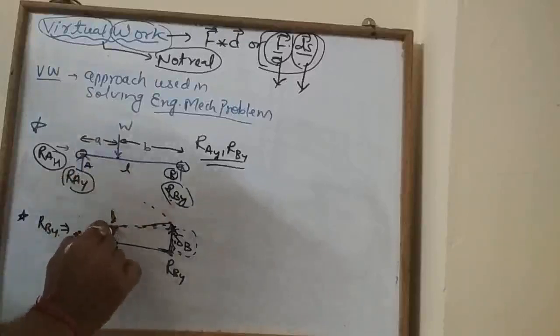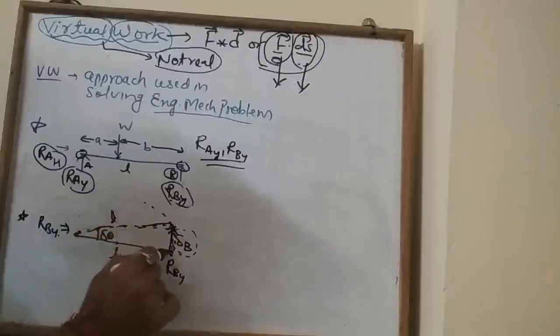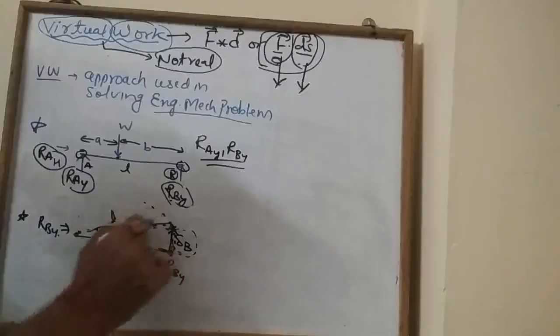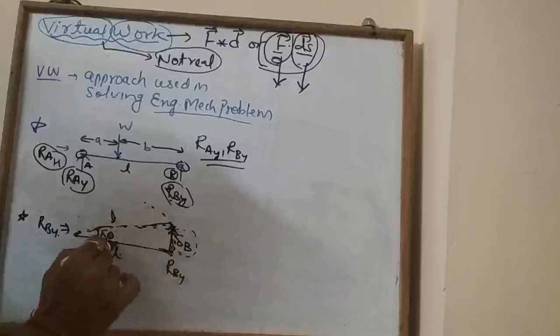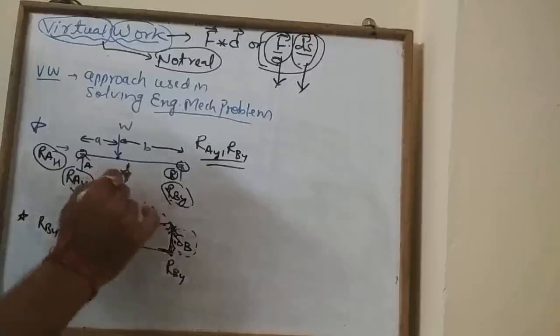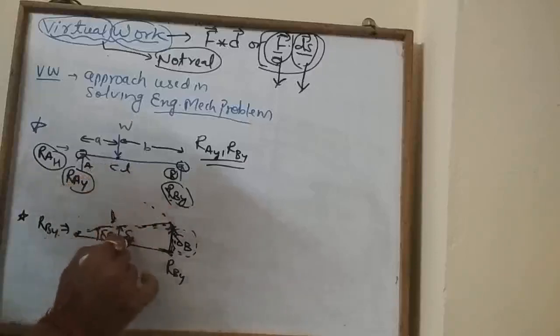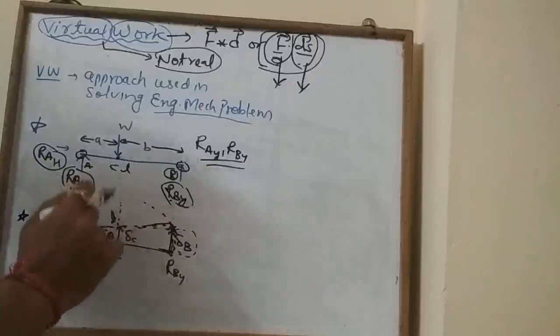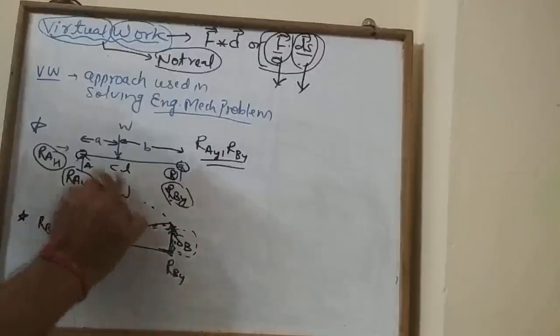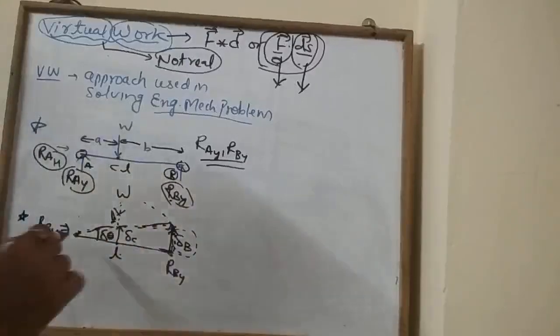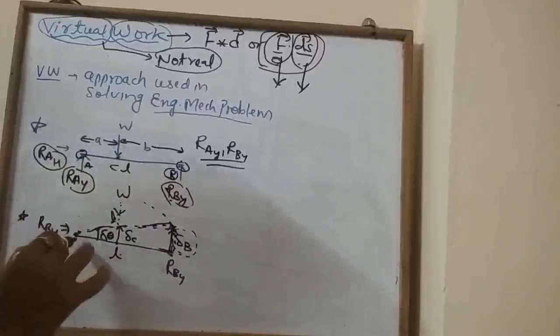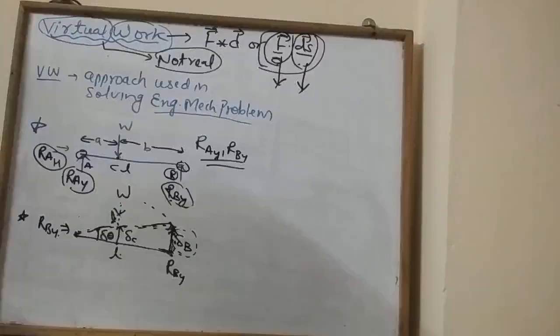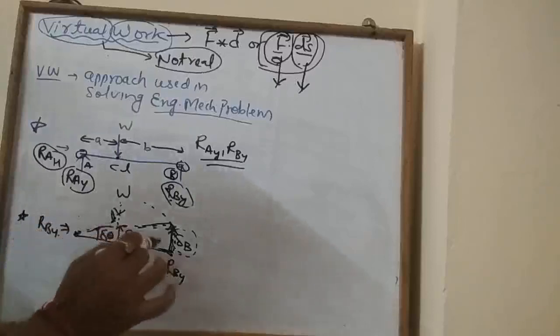This is the point of application of W. Now if we are moving this point upside, then this point will move upside by delta C, and the load is W. This is stationary. The point at support is stationary, the other point is moved.